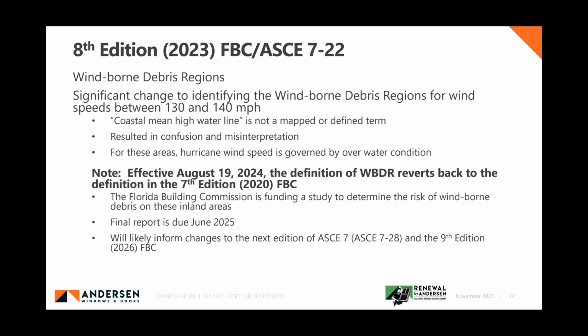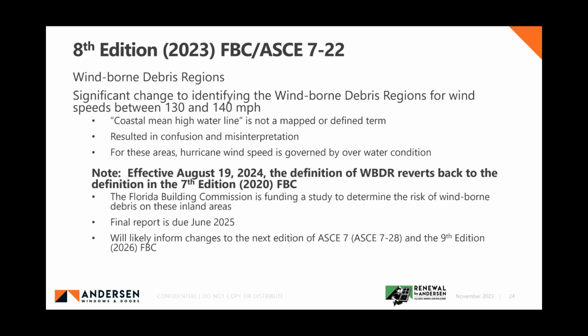The key thing we were trying to do was clarify how you apply the windborne debris region in that wind speed range, the 130 to 140. Surprisingly, to a lot of people, it expanded the windborne debris region significantly, and I'm going to show you some examples in a few minutes.